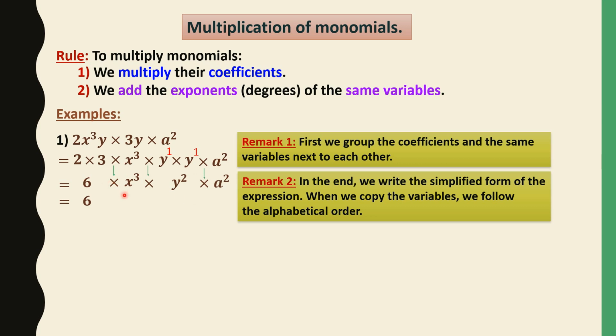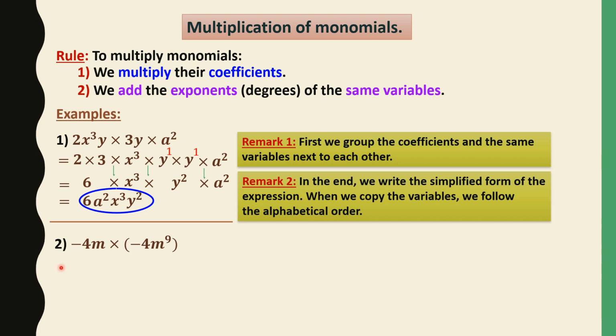No, it's wrong. So by following the alphabetical order, I write a squared first, then letter x after the a, and last y. And this product of these 3 monomials is equal to 6a squared x cubed y squared.